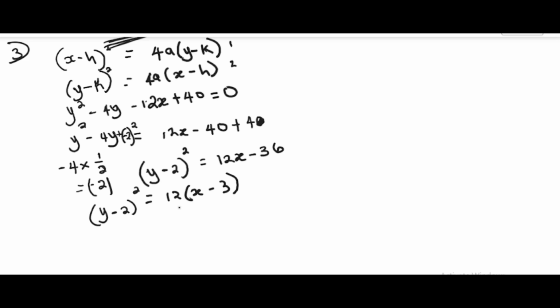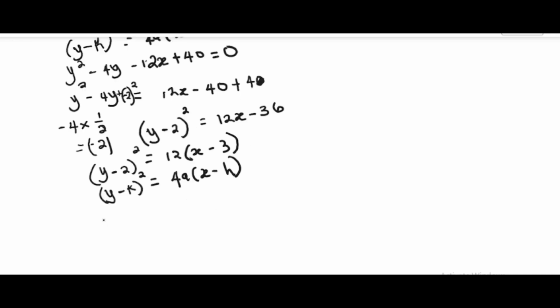Good. So now, comparing this with (y minus k) squared is equal to 4a times (x minus h), I think our answers are looking at us. It means that our 4a will be equal to 12. So our a, that's our focus, is 3. All right? Good.